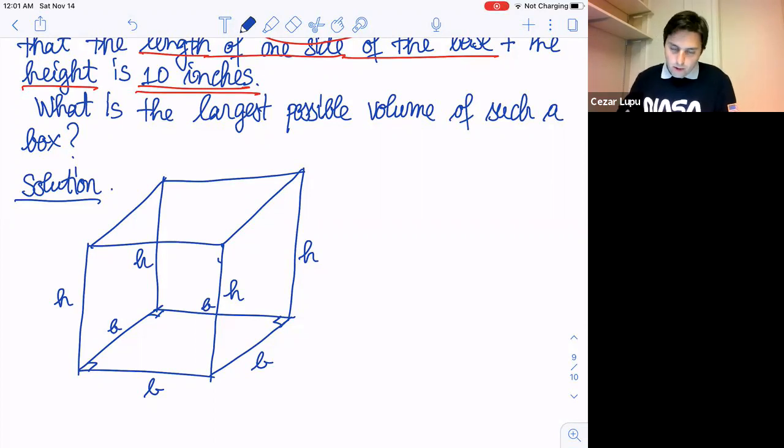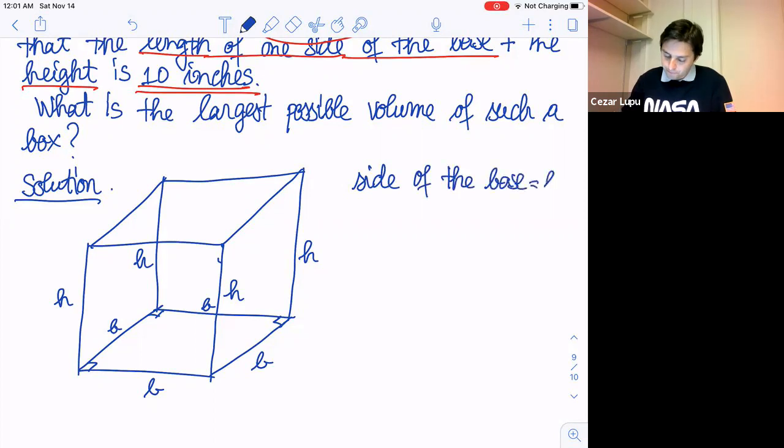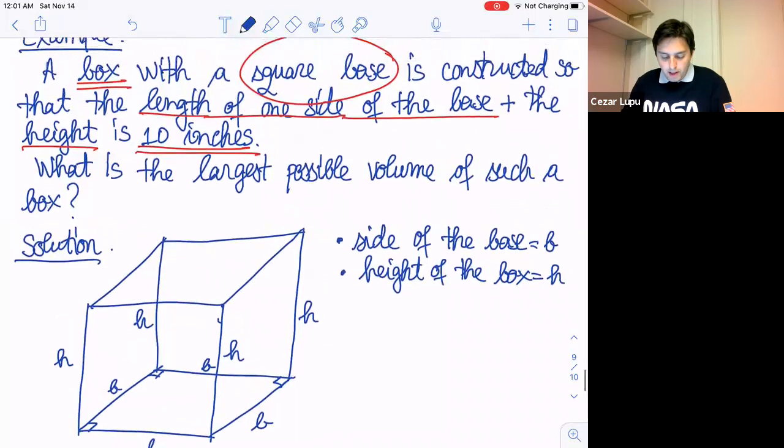So now the side of the base, like I said, we'll denote by B. And the height of the box is denoted by H. And now let's look at the problem again.